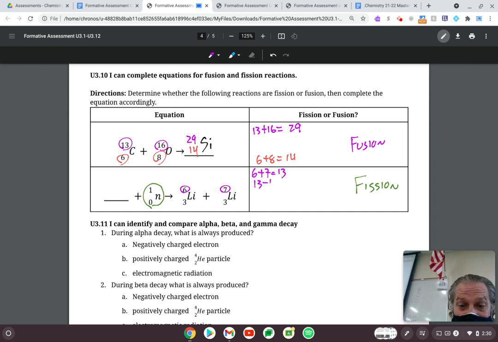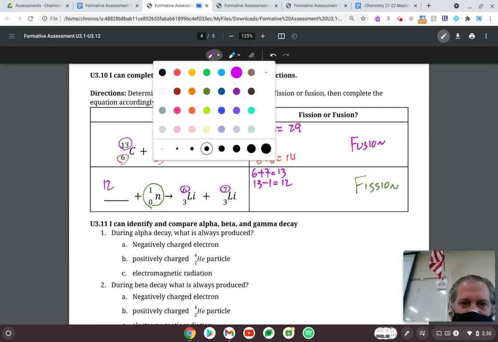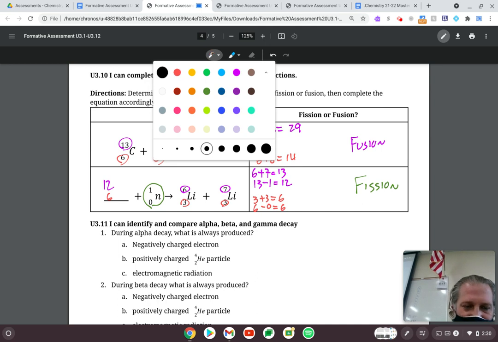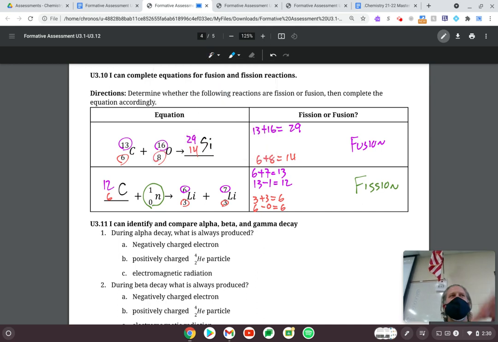So 13 minus 1 is 12. So I'm going to have a 12 on top. On the bottom, I have 3 and 3. So 3 plus 3 is 6. And 6 minus 0 is 6. So that's going to be a 6 down there. And then looking at the periodic table, I see that that's carbon, atomic number 6.